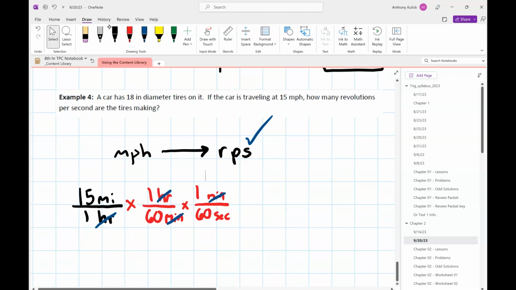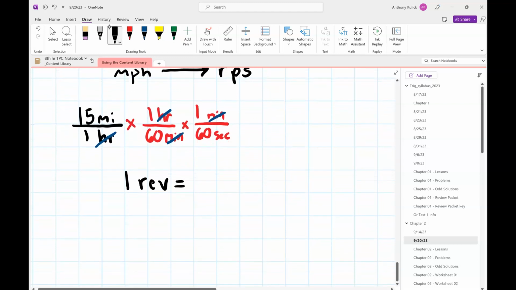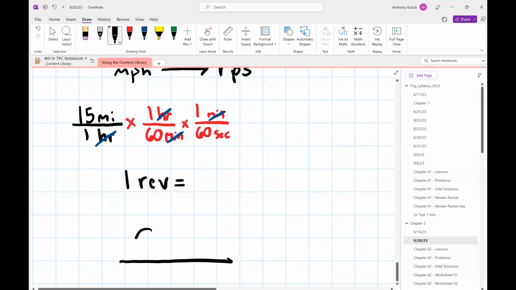So here's my question for you. How far is 1 revolution of a wheel? So you have some wheel, right?